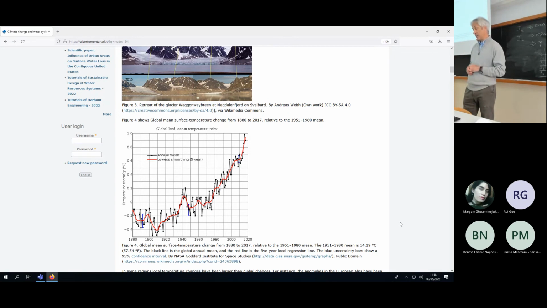And therefore, for instance, the Roman Empire had its maximum prosperity during a climate optimum, during which the glaciers were much more reduced with respect to now.